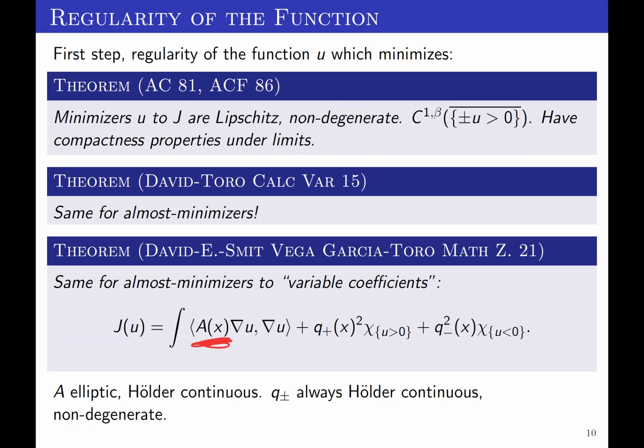Somehow, almost minimizers should be robust under these types of perturbations. I told you earlier that they're supposed to represent some sort of measurement error, lower order terms. So this was a proof of concept paper to show this robustness under these perturbations.